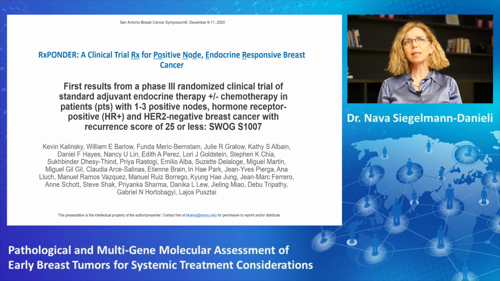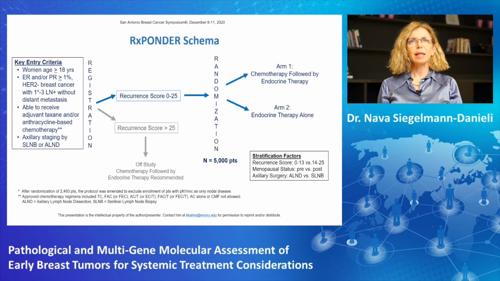And so the next question was, what's going on if the patient had 1 to 3 involved nodes? Is this the same biology? And the RxPonder trial tried to answer these questions. So they recruited adult patients with HER2-negative, ER-positive tumors with 1 to 3 lymph nodes, including patients with micrometastasis.